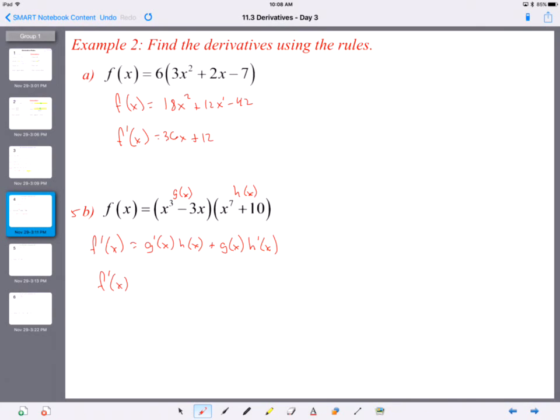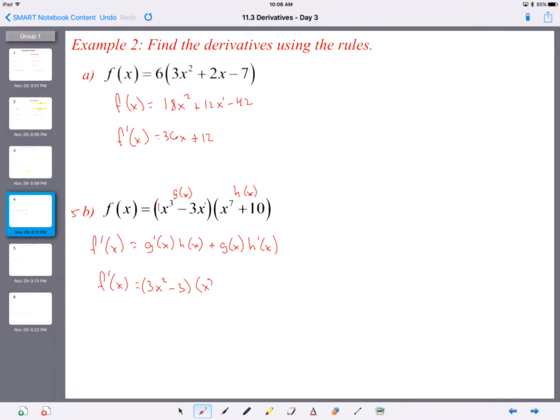So g prime of x, well, this is just a polynomial, so we'll find the derivative. So that's going to equal 3x squared, so 3 times 1, and then subtract 1 from your exponent. And then we do the derivative of the next one, which will just be minus 3. Once again, with this exponent of 1, 1 times 3 is 3. And then you get x to the 0 power, so that's g prime of x times h of x.